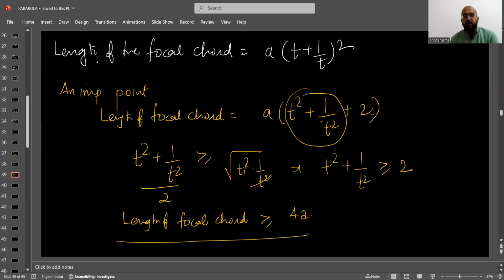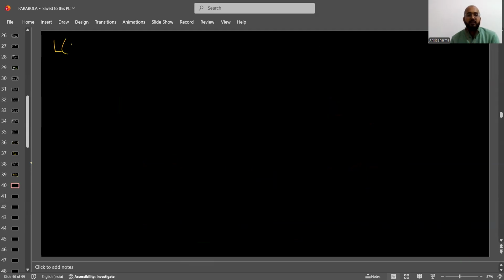That means the minimum length of the focal chord is 4a, which is nothing but the latus rectum. So the length of the latus rectum is the minimum length of the focal chord.